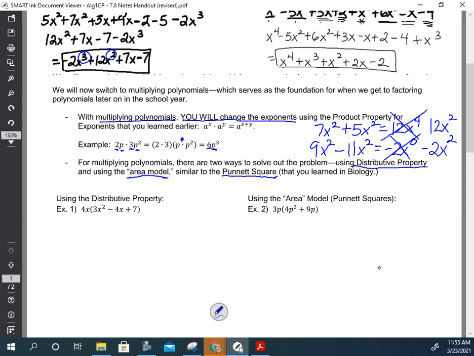Now, when you're doing your work, I don't care which way you do it. If distributive property works for you, then you do that for the rest of your life. If Punnett squares work better for you, then do that every time you multiply. I personally don't care. Figure out which one is going to work better for you, and that's the way you roll with it.